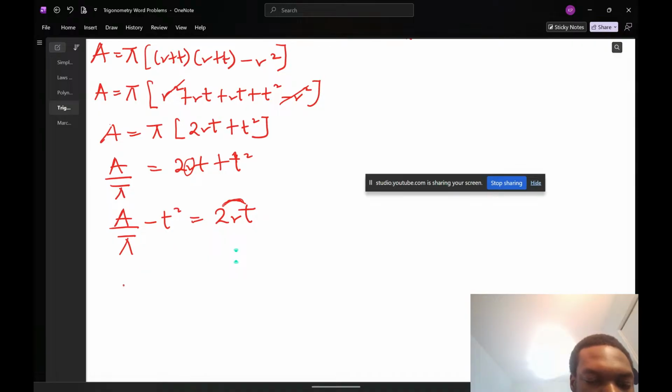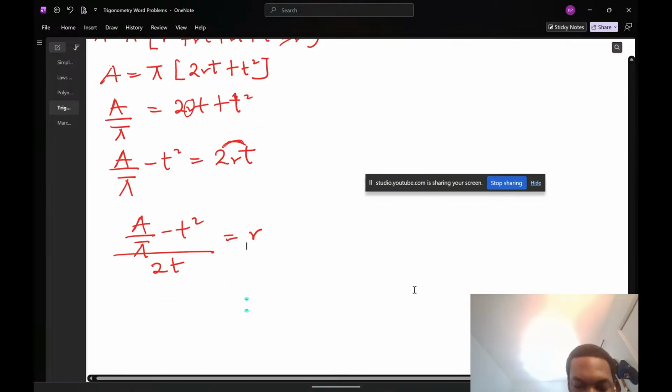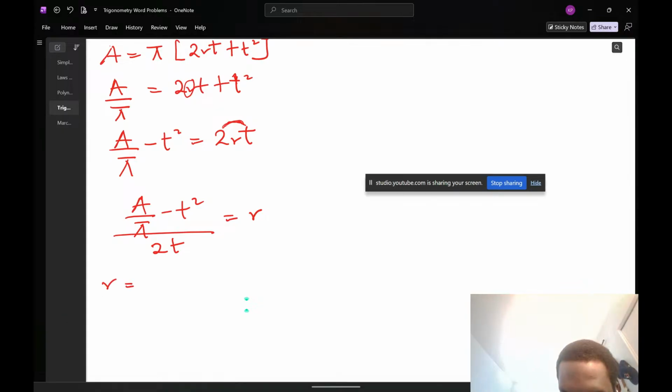So that will be A over pi minus t squared over 2t is equal to r. So r is equal to A over pi minus t squared divided by 2t.